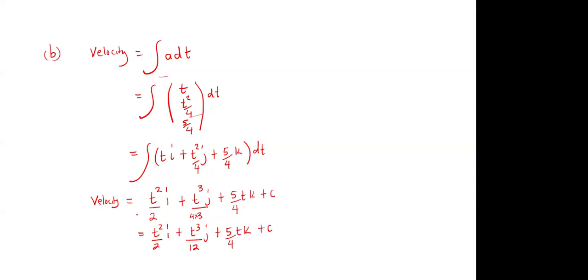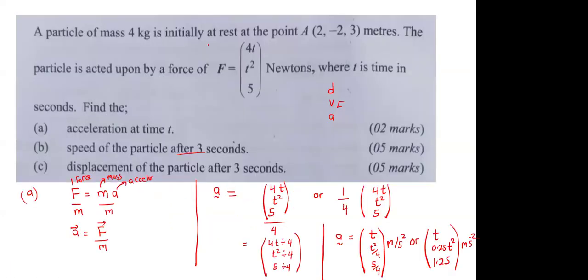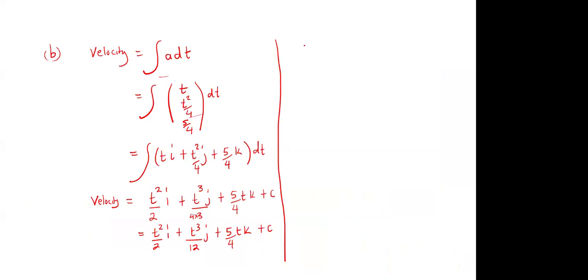Now, you start the conditions. What are the conditions? You ask yourself. Initially, because they told us the particle was initially at rest. Now, at rest, did it possess any velocity? No. Then I'm going to come and I say, at t equals 0, it means that our initial velocity is also going to be 0. So now you substitute where there is v, the initial velocity will be 0.